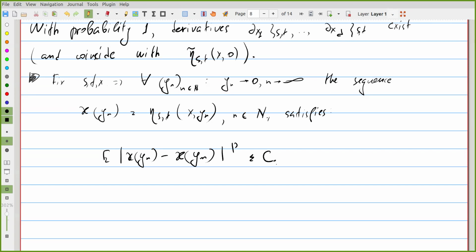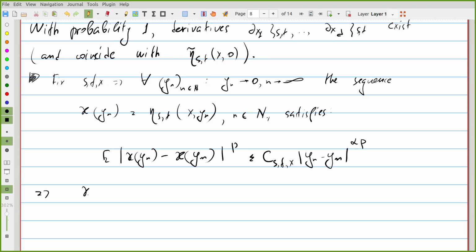This constant depends on s, t, and x. And here stands this part, alpha p. Now, by taking p large enough, oh, we don't even need that.